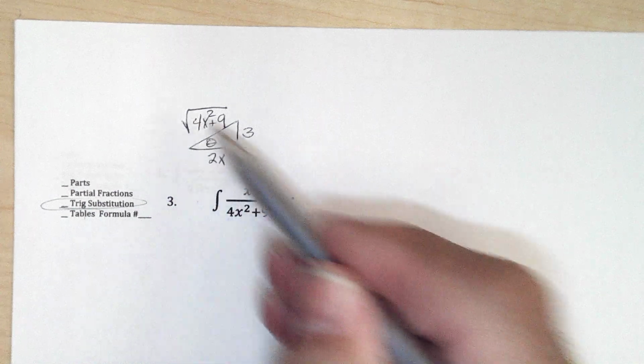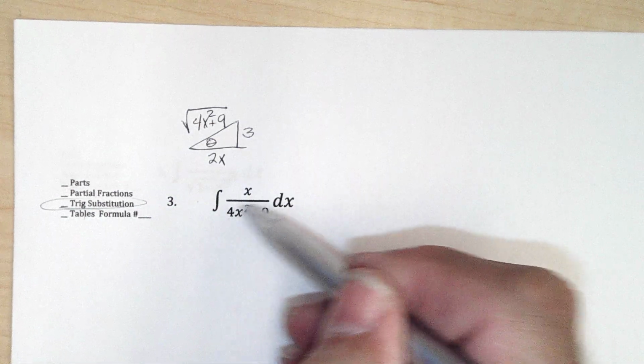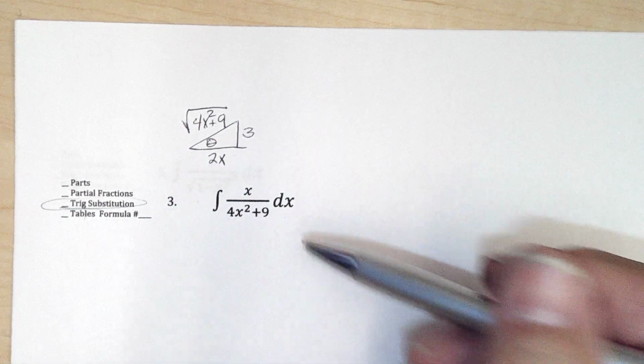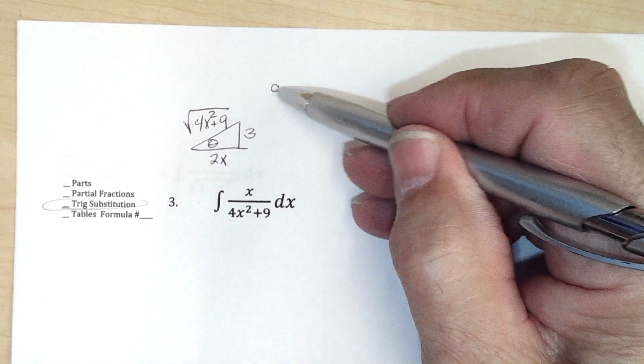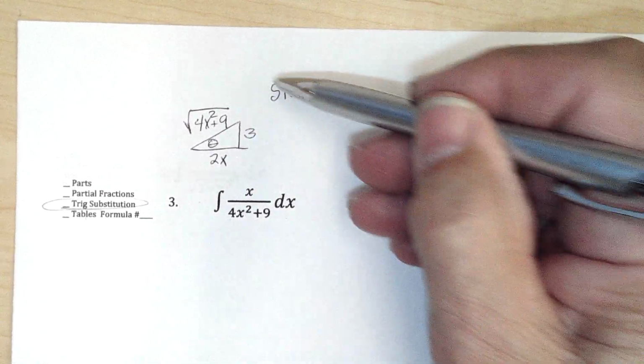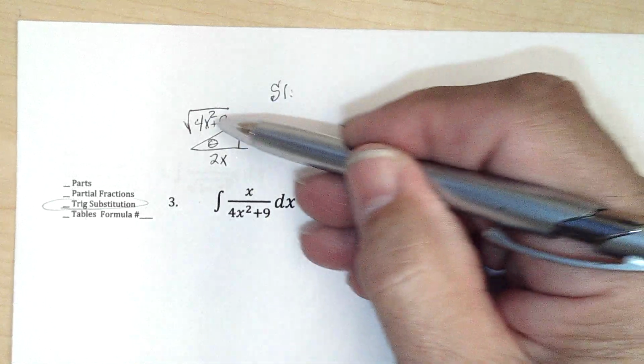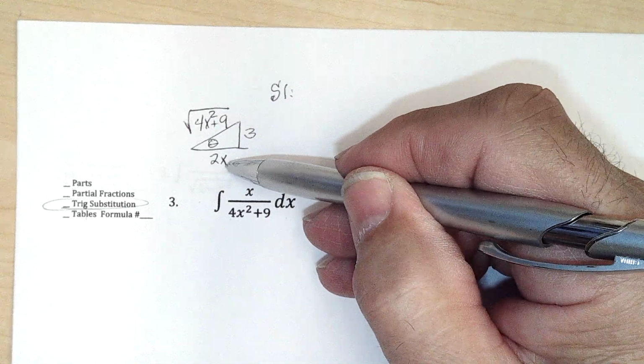And so I get not exactly this, but I get the square root of this. Anyway, step 1, as I talked about in class, get an expression for x.